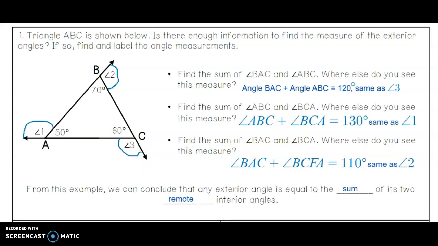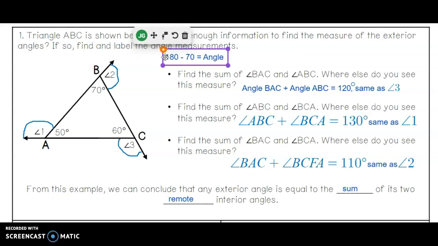Now our question is, do we have enough information in the triangle pictured to find the measure of these exterior angles? If you're recalling our previous lesson, you learned that a straight line equals 180 degrees. You also learned that if they give you the angle measure, you can use that information to find your missing information.